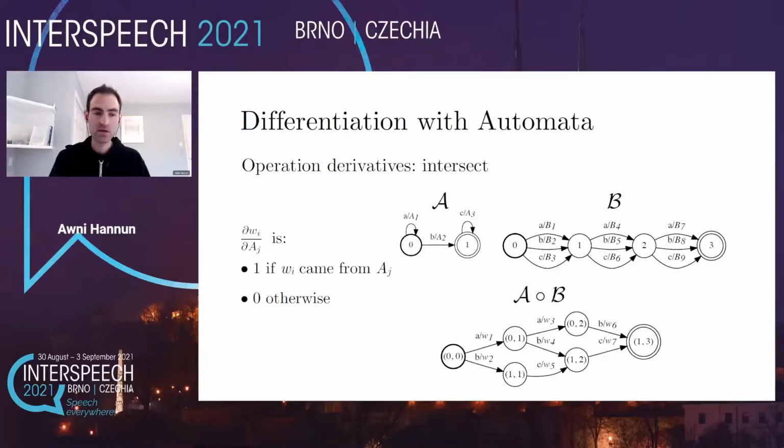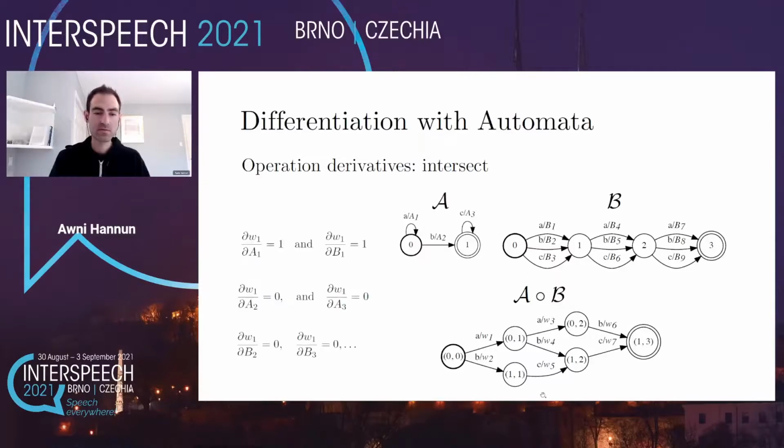So concretely, if we want to know the derivative of the ith arc in the output graph with respect to the first input, A, then we just look to see which arc it came from. That derivative is 1, and it's 0 otherwise. As an example, let's take W sub 1 and do it completely.